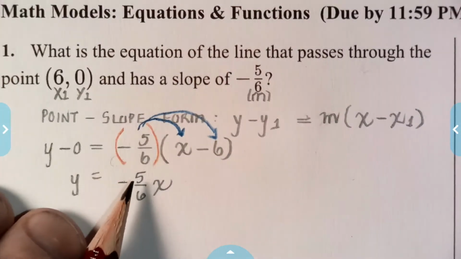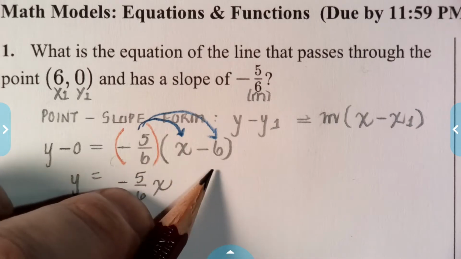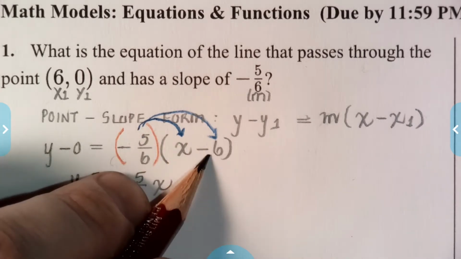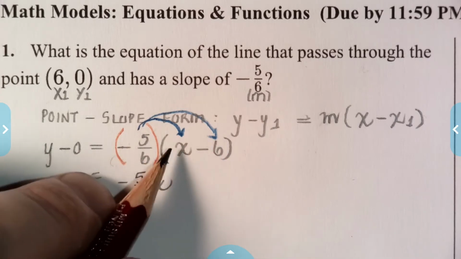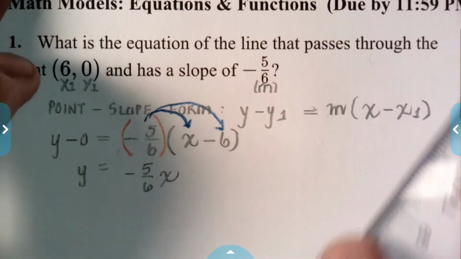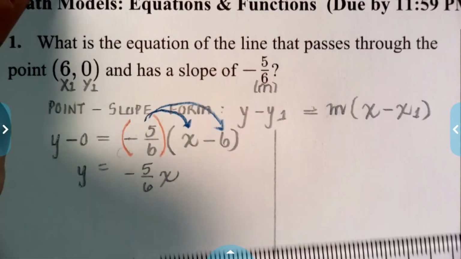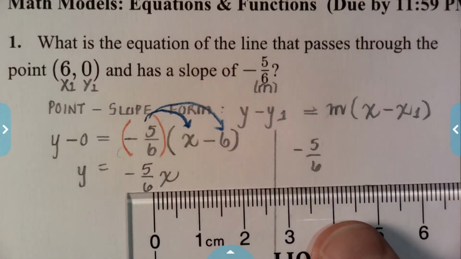Okay, so -5/6 times x is simply -5/6x. And then if I think about what you're doing here, you're multiplying -6 in the denominator times -6 in the numerator, so they'll cancel, and you'll just be left with +5. So let me show that in side work so that's clear what is happening. So you have -5/6, and you're going to distribute and multiply that to -6/1.